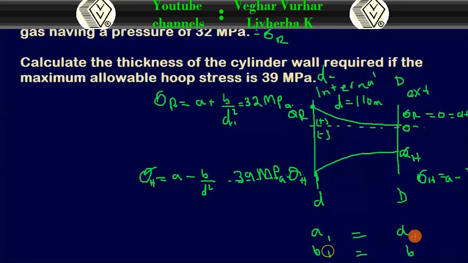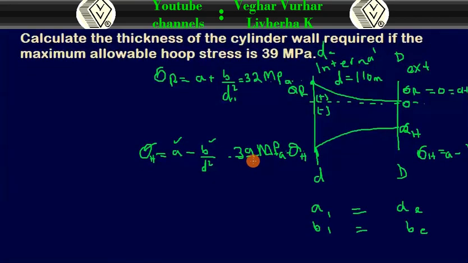The A for the internal is equal to the A for external, and B for external, they are equal. So what we are looking for is this and this one. Okay, before that we have to equate these two equations, because we are given the hoop stress and radial stress. So we can equate these two equations like this.